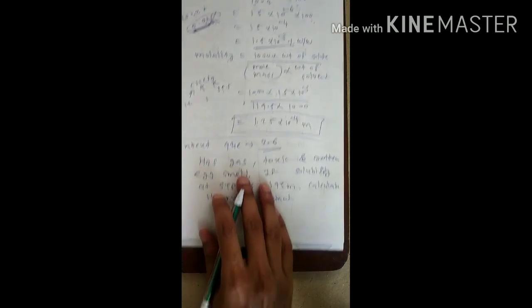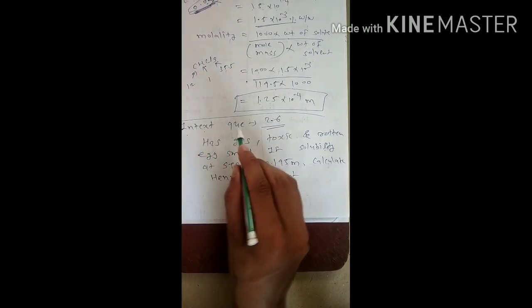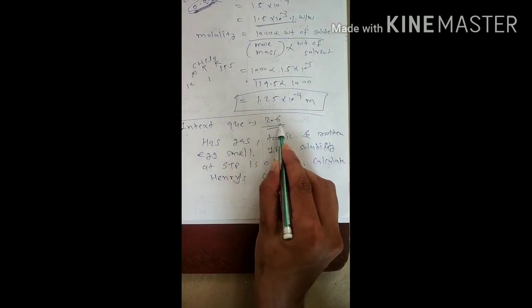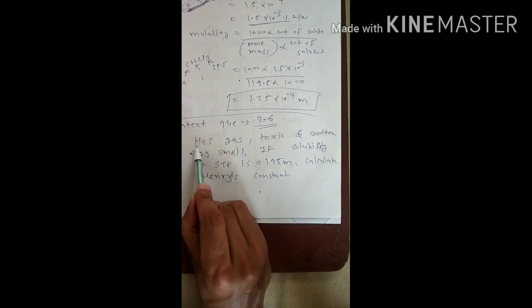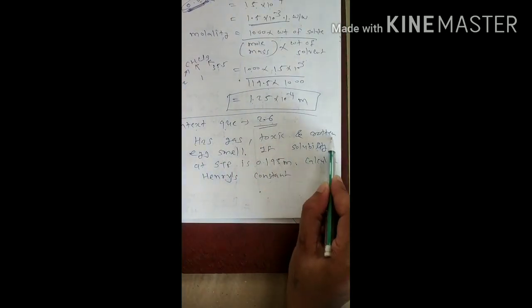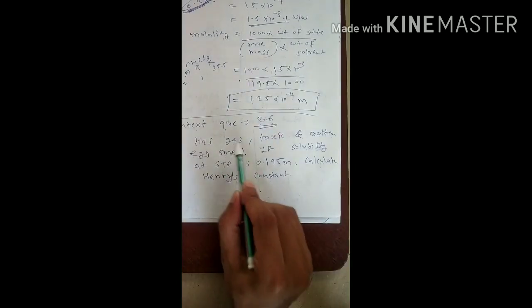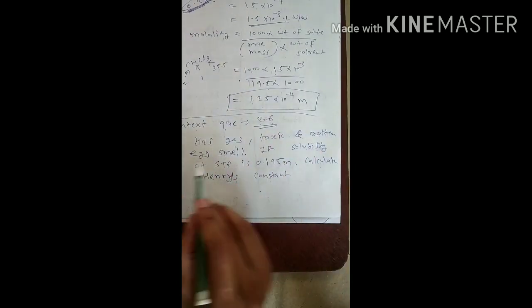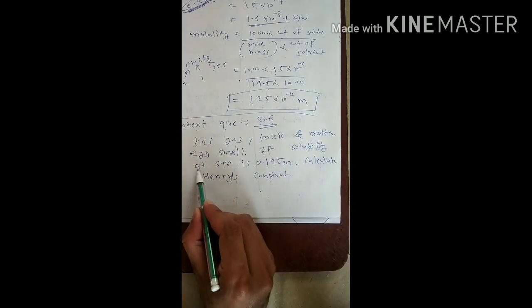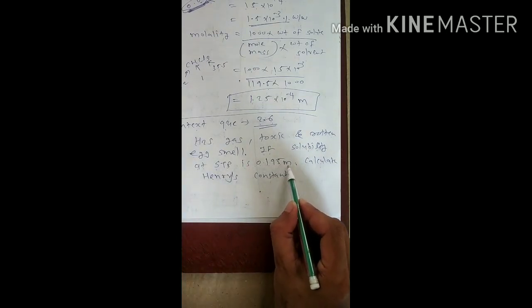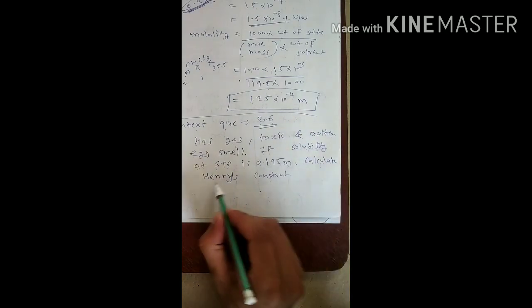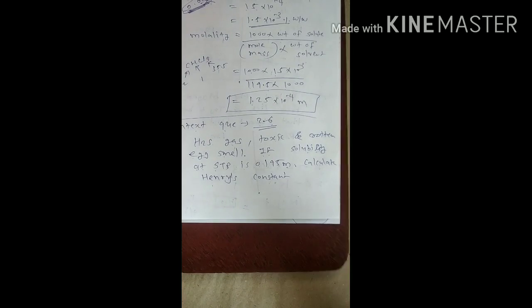So the first example is text question number 2.6. What is the question? H2S gas is toxic and has a rotten egg smell. If solubility at STP is 0.195 m (molar), calculate Henry's constant.